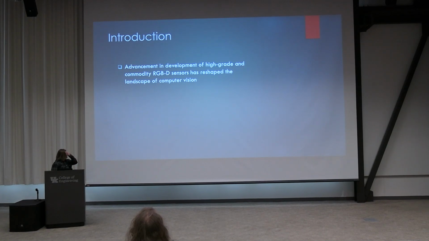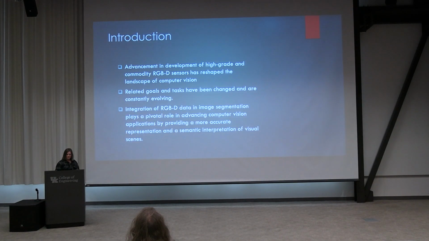So advance in development of high-grade commodity RGBD sensors. RGB stands for red, green, blue channels, and D stands for depth. It has shaped the landscape of computer vision in the past years, and related goals and tasks that we have in computer vision have been changed, and they're constantly evolving.